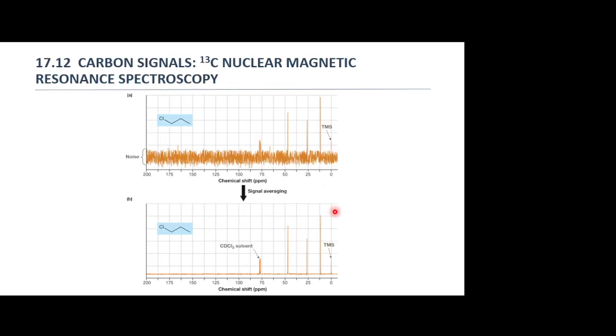Okay, so this is carbon signals right here. This is where you're going to see a lot more noise and a lot more unresolved features. And so this is going to be where we're going to take a carbon-13 NMR. And again, remember that we need an odd number, so that's why we're going to use carbon-13. Okay, because that's going to have an uneven nucleus, right?